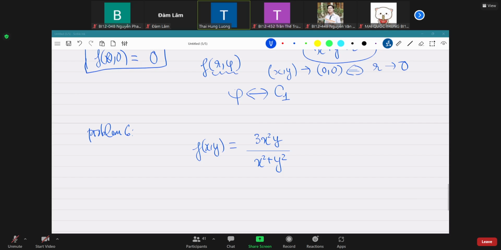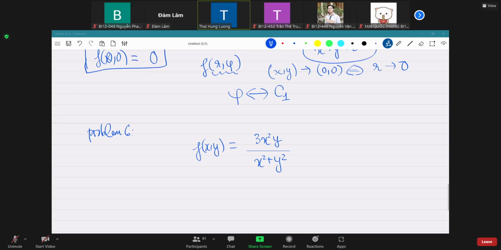So what is the value of f at 0, 0? Okay.